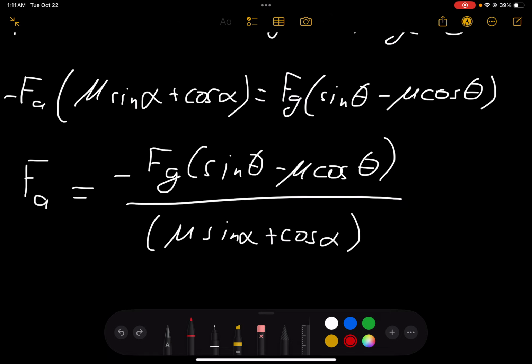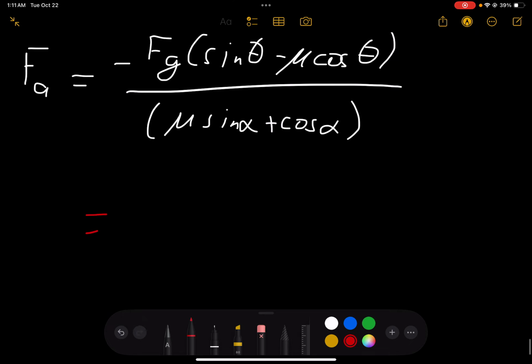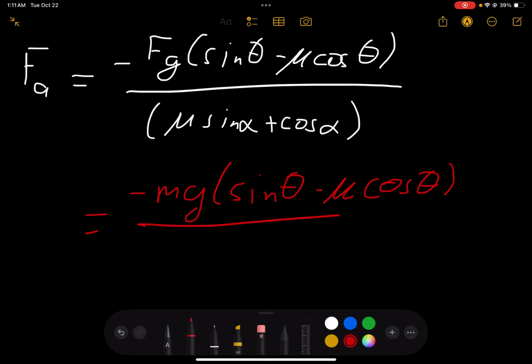But it also doesn't matter because we're going to be taking the magnitude of this. It doesn't matter, but just for the sake of calculation, we can just add it. So minus mg sine theta minus mu cos theta all over mu sine alpha plus cos alpha.